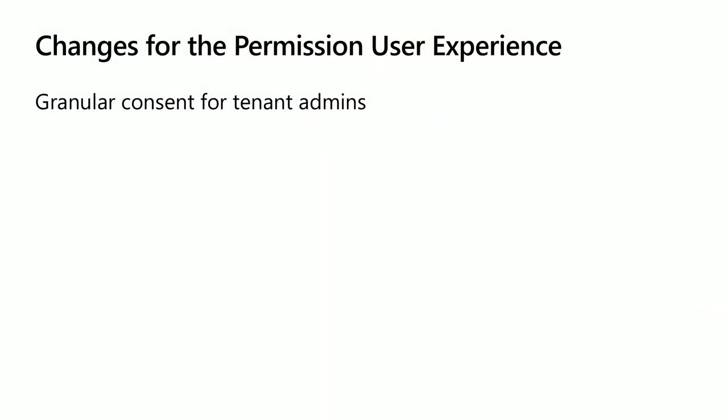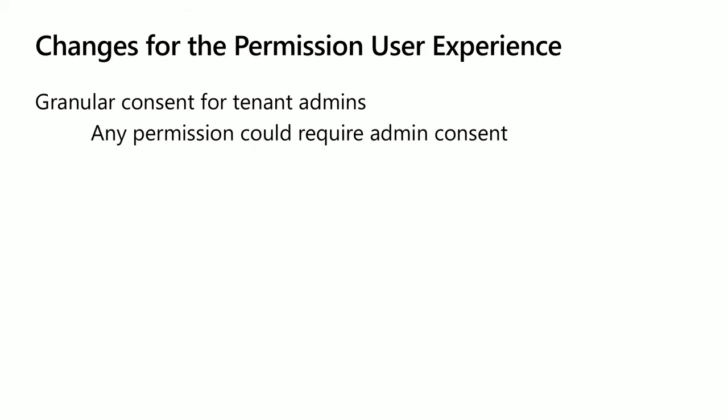Now, let's take a look at some changes, or at least some changes that could happen or I should be thinking about as a developer. One of the things is there may be the idea of granular consent, or at least admins will have the ability to possibly change what you think of as you're developing, what requires user consent and what requires admin consent.